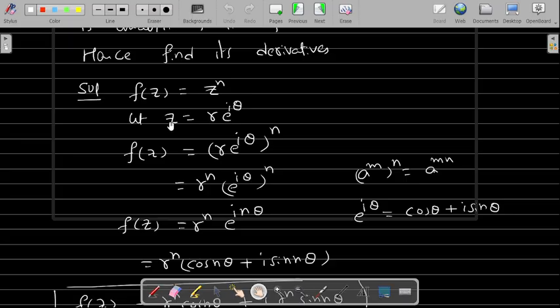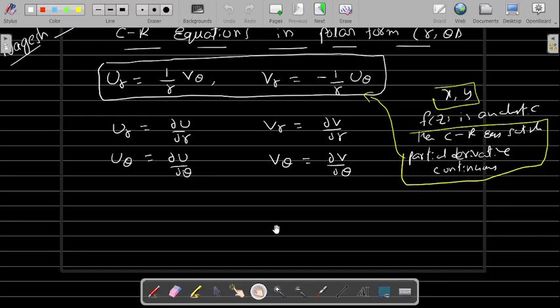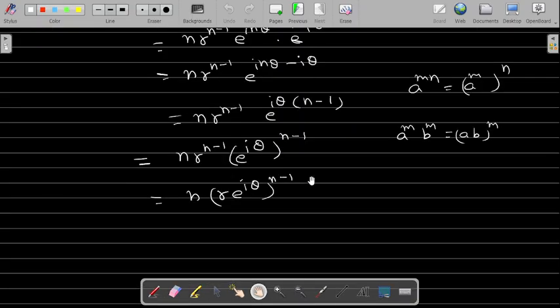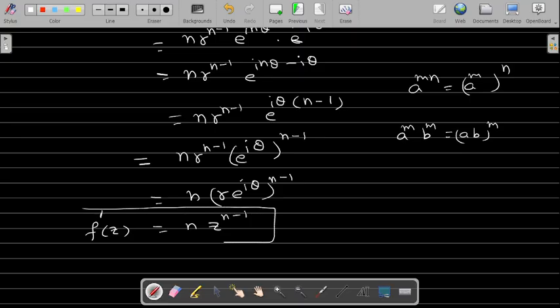That means r e power i theta is nothing but z. Therefore this is z power n minus 1. So this is your f dash of z: n into z power n minus 1. So you got f dash of z.